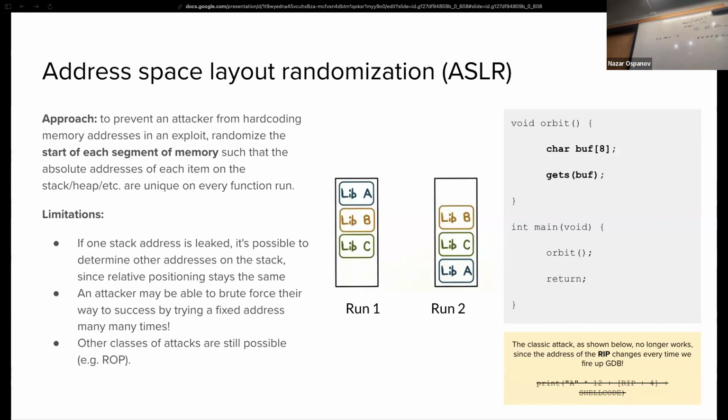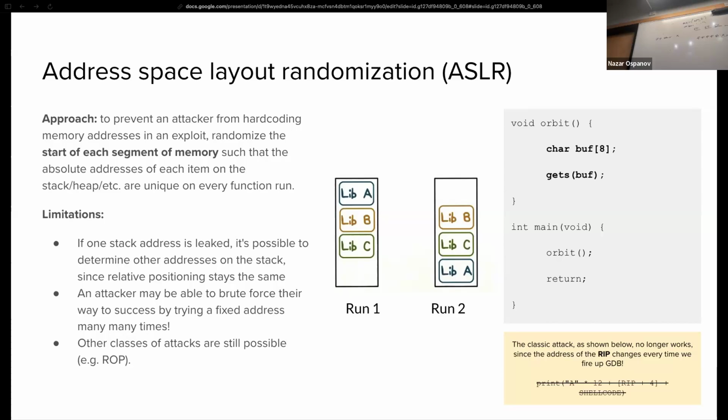The shellcode might be at this address one time, but the next run of the program, we might have completely moved stuff around. And then all of a sudden we don't know where our shellcode is anymore, and we might be pointing to empty space. So this is a pretty powerful safety mitigation, but it is still exploitable.